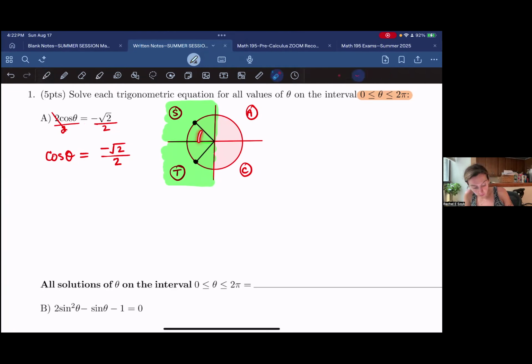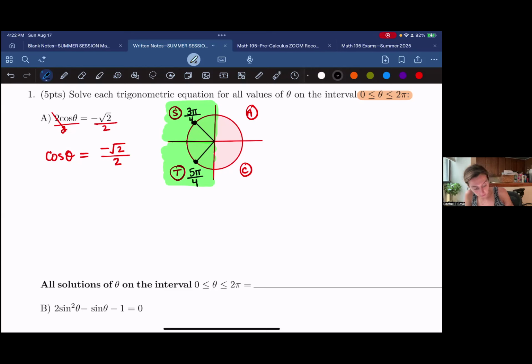So if pi over 4 here is our reference angle, then 3 pi over 4 is going to be where that first terminal side hits, which is 135 degrees. And then 5 pi over 4 is going to be where our second terminal side hits, also known as 180 plus 45, 225 degrees.